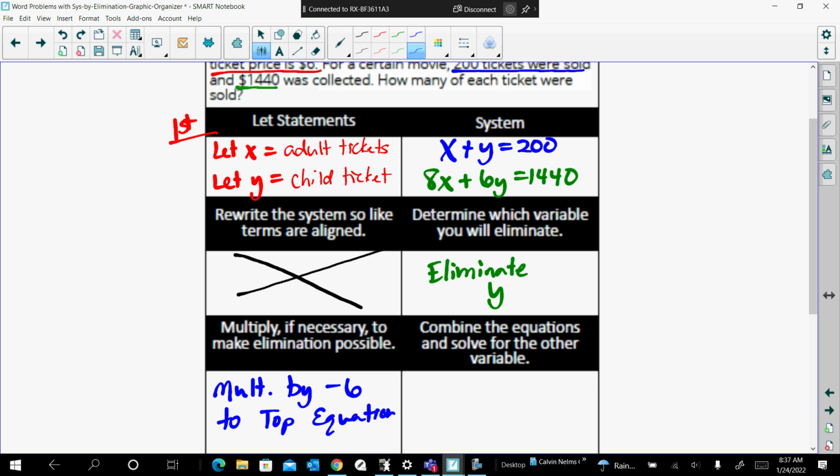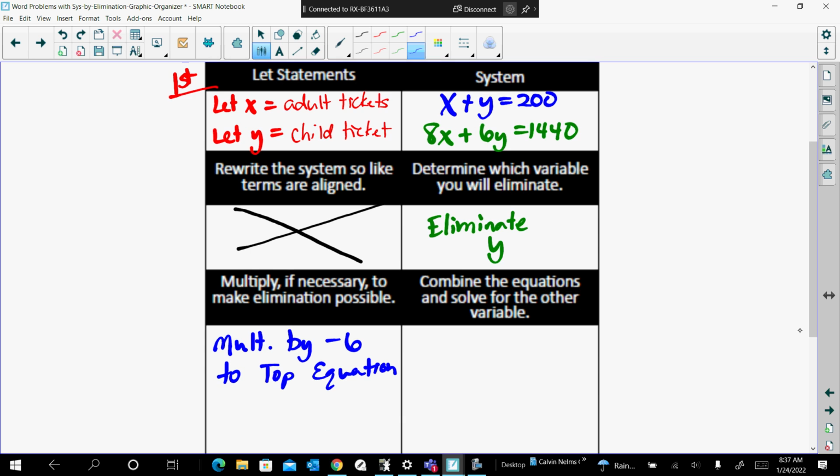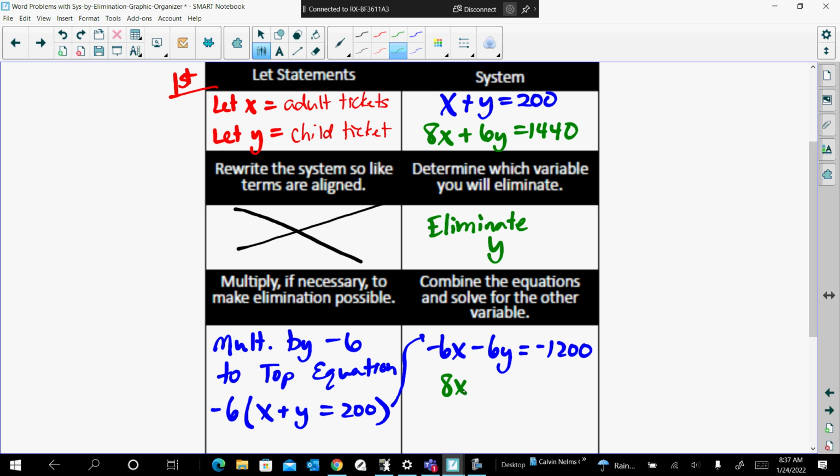Negative 6 is going to go into x plus y. Oops, sorry. Negative 6 parentheses x plus y equals 200. All right, so when we multiply that, we get a new equation, right? So this becomes negative 6x minus 6y equals negative 1200. And then we're going to keep this second equation the same. 8x plus 6y equals 1440.